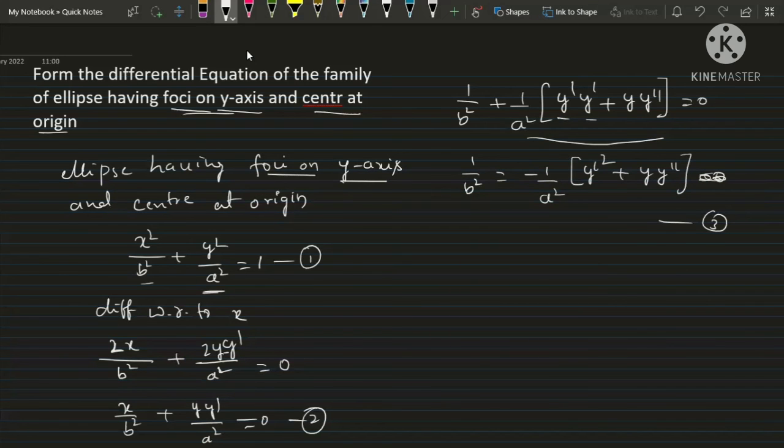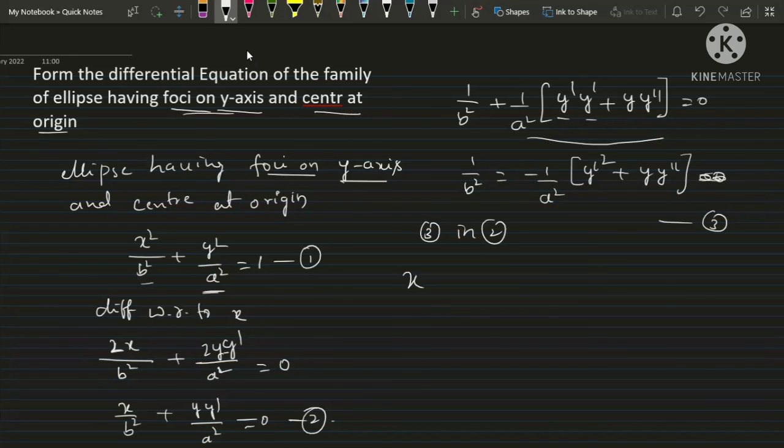What is a differential equation? The equation which contains the dependent variable, independent variable and derivatives. If an arbitrary constant is there, we have to remove that one. To remove the arbitrary constant, we are doing this process. Just I will substitute equation 3 in equation 2.